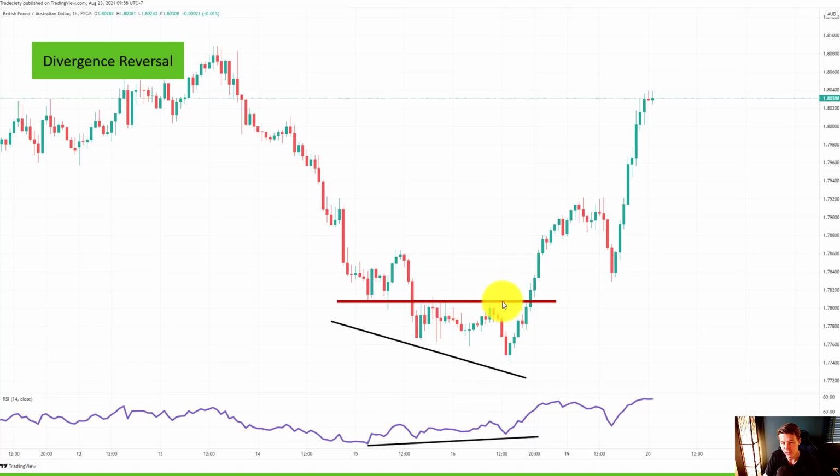So now the market is making a higher low. It's breaking out of a significant level that wasn't able to be broken in the past. So when the market is able to break a level that wasn't able in the past, this is a very important signal. And again, you can build a lot of confluence, stack confluence factors on top of each other to come up with more robust trading ideas.